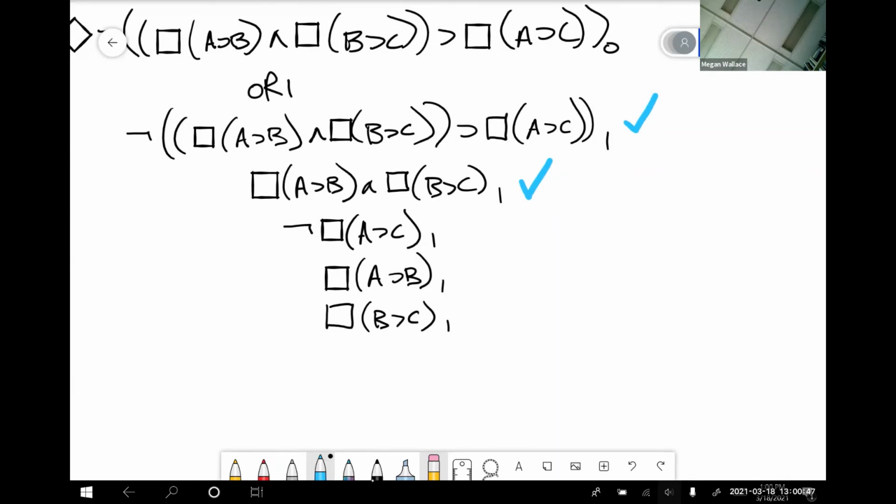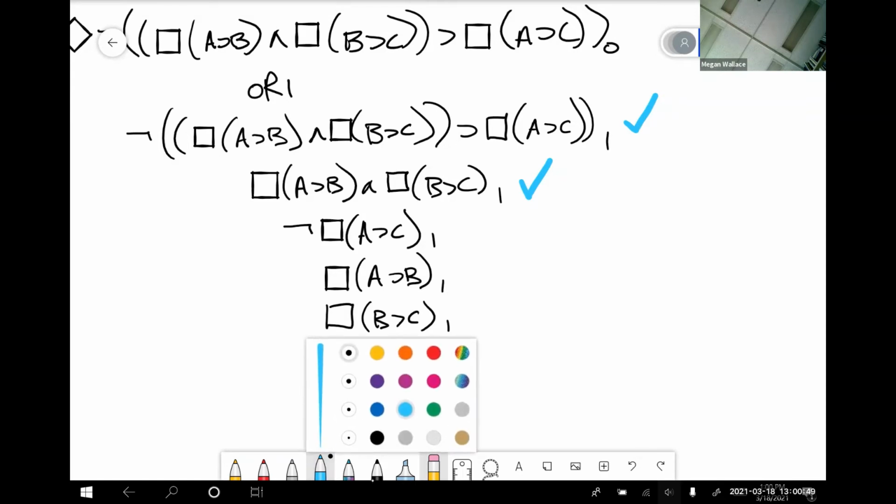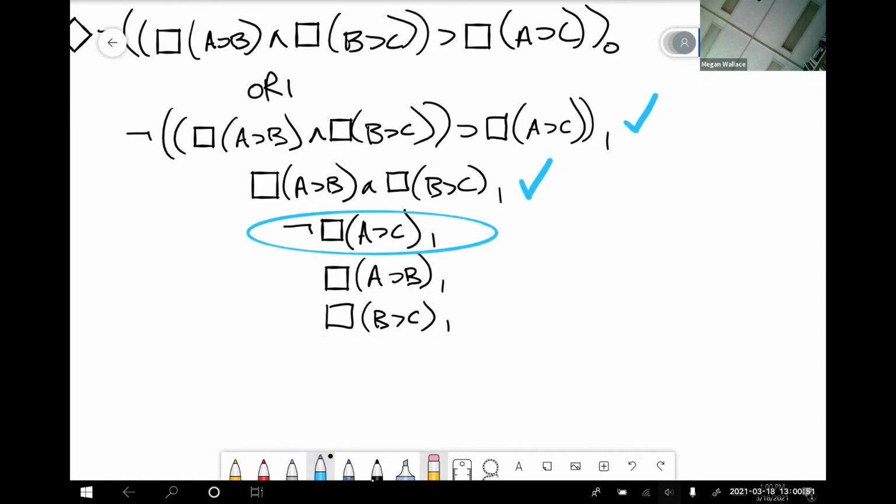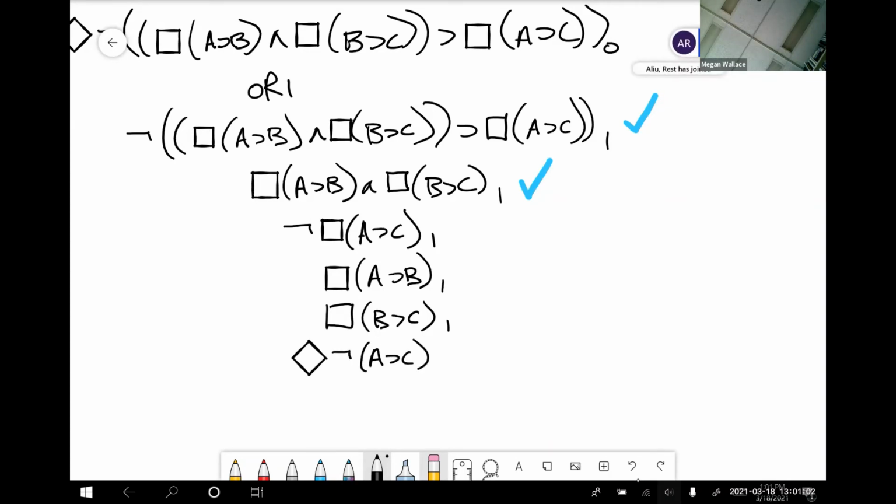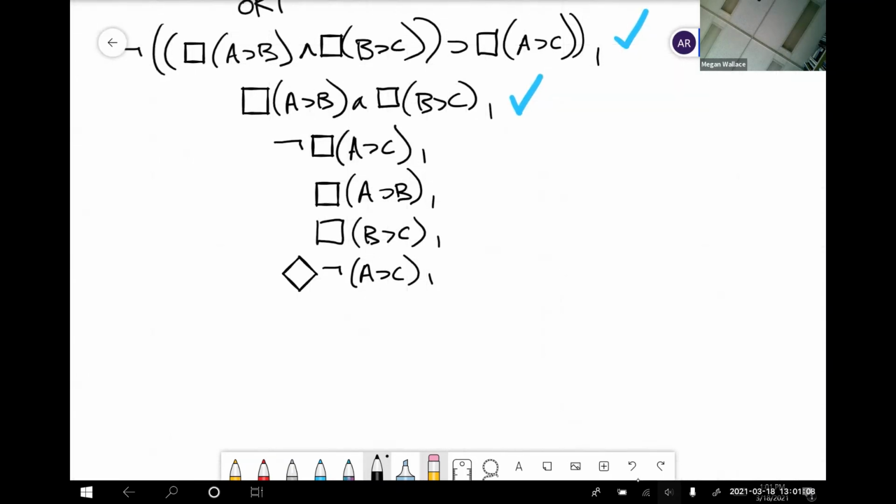From there, we can take this claim and we can use the negated box rule. So we get diamond, negation, A, then C at 1. Now, we can only use the diamond rule when we're at a normal world.